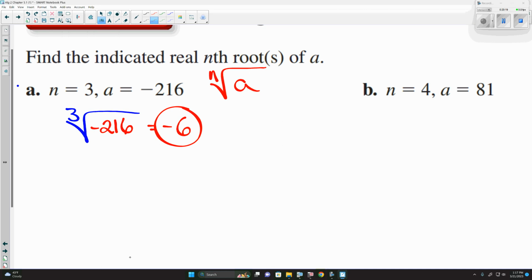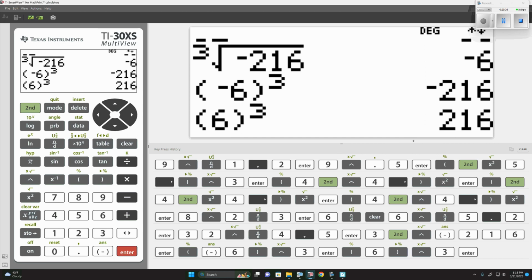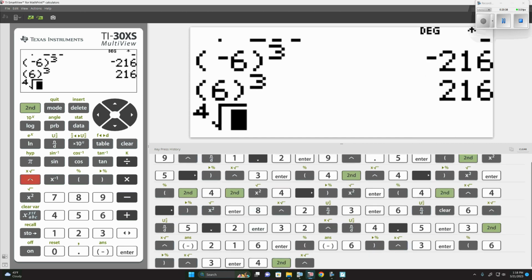Now, if we look at the next one, the root we're taking is the fourth root of 81. Careful. There are going to be 2 roots, and it is 3.